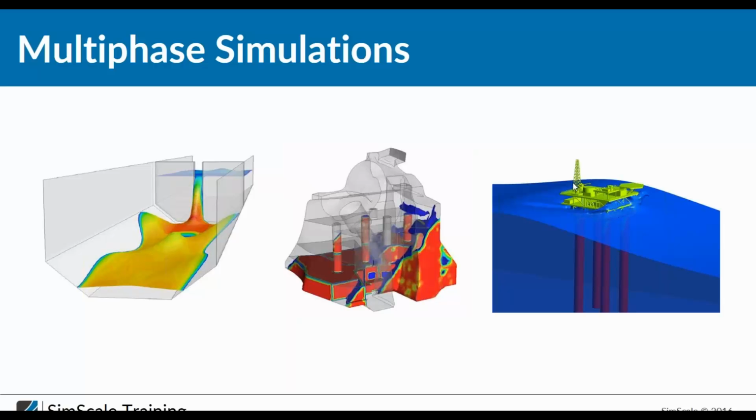On the one hand you have the aerodynamics of this platform, so the surrounding air and everything outside the water. On the other hand, you also have hydrodynamics between the water and the lower part of the offshore plant. Everywhere we have two different phases together, we call it a multi-phase simulation.